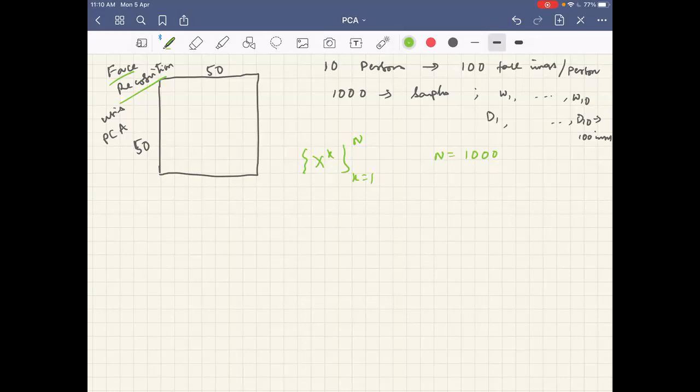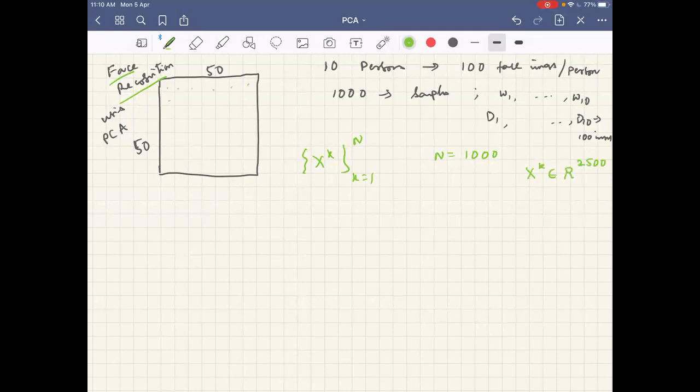And each of them is how much dimension now? 50 cross 50, how much dimension? 2500. Is it correct or not? So I just put them all as pixels.